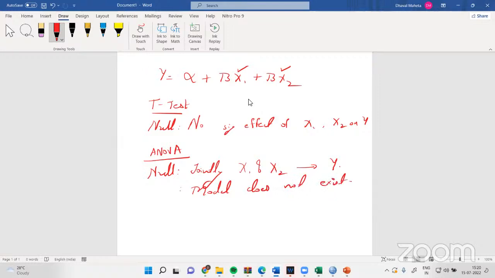The third thing which you have to see is R square. R square is the report card of the model. So we get the report card from 0 to 100%.